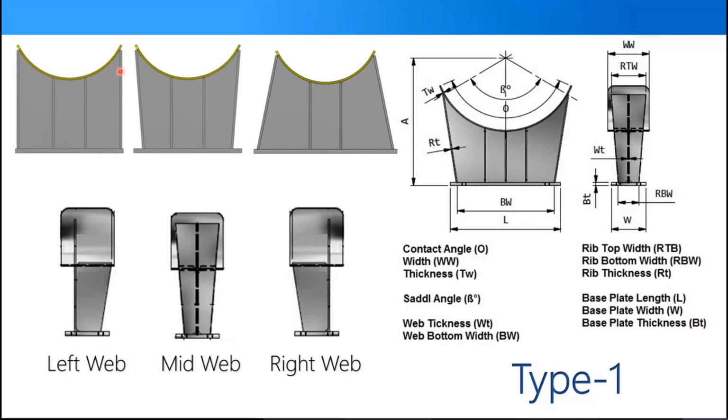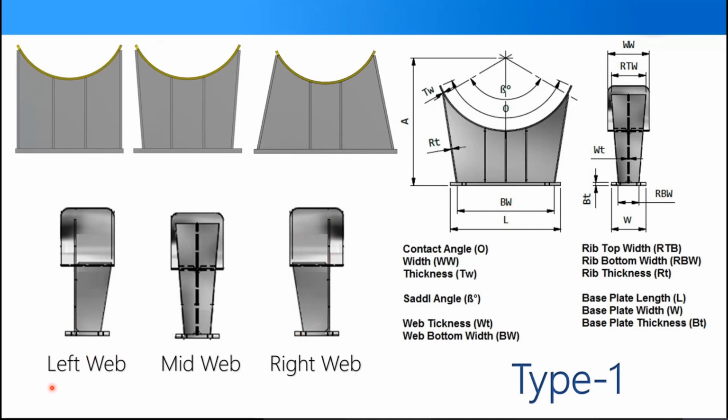You can make it narrow or wide to control the BW parameter of the saddle. Another option is the web location: you can make the web on the left side, the mid side, or the right side. So you can control the location of this web: left, middle, or right.